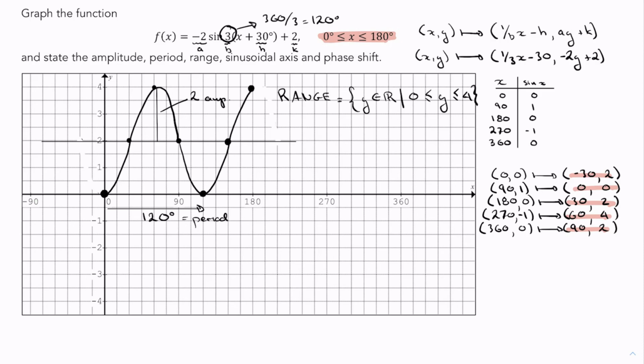The sinusoidal axis, that's this guy in the middle. It's going to be y equals 2. And the phase shift, well, if you recall, sine starts over here, and then it moves over.